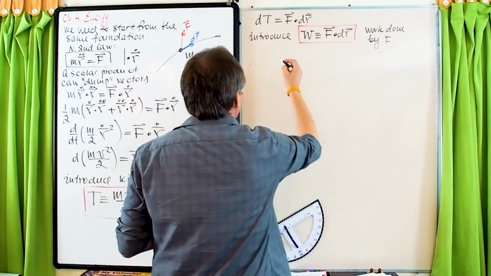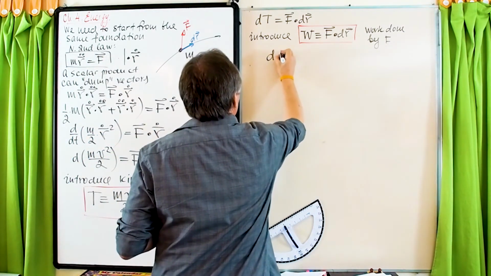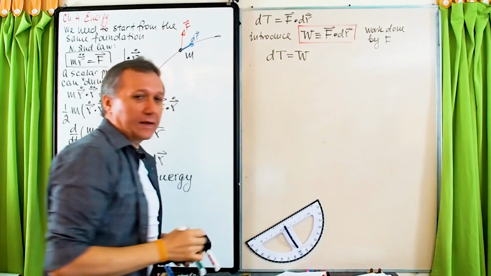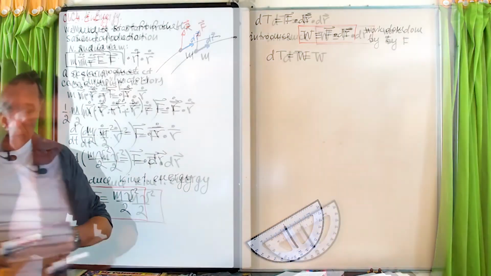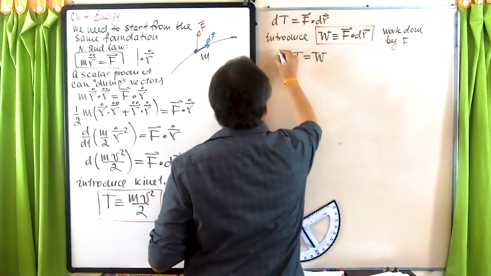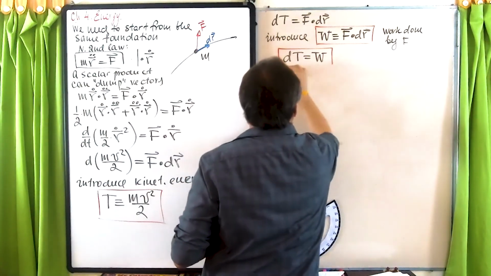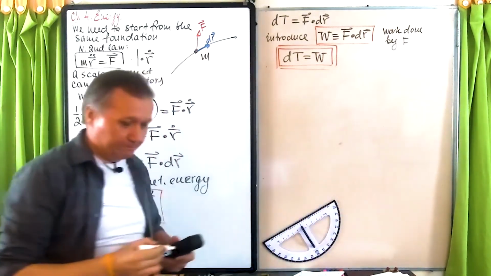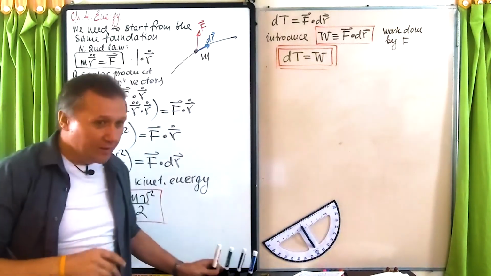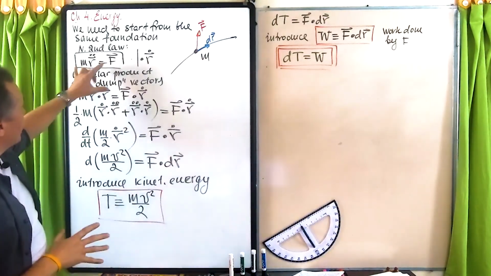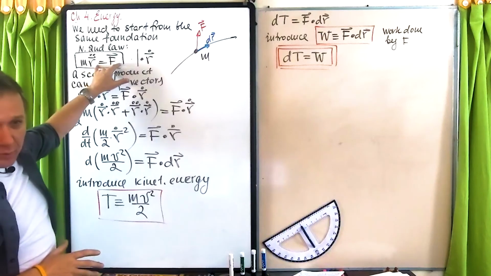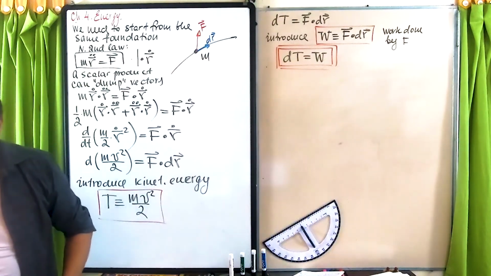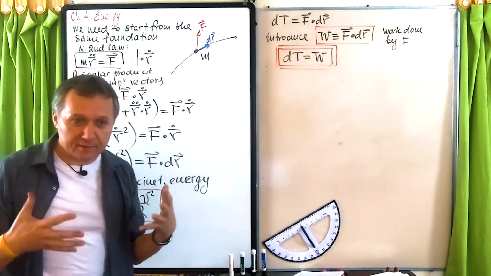And as a result, we're getting that the change in the kinetic energy equals the work done by the force. And this is extremely crucial. Let me frame it twice. Why? Because in the previous approach, Newton's second law was used to describe motion of any system.